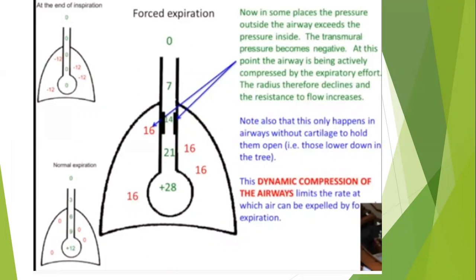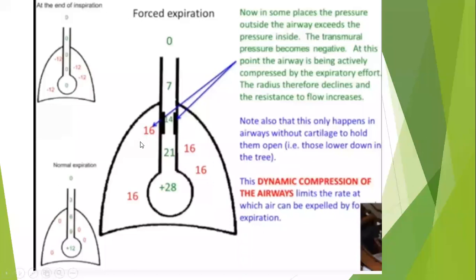Now when a person does forced expiration, what happens? It is no longer a passive process, so the intrapleural pressure is increased. Let's say it is 16, and the pressure gradient changes a bit. So it is 0 to 28 here. Because the intrapleural pressure is 16, look at this point where there is 14 within the alveolus. At that point, the pressure is 14 minus 16.